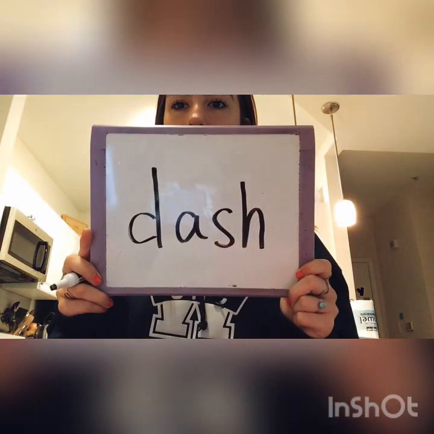The first word that we are going to write is, and I'm going to show you the correct answer in a minute, dash. So tap that word out. Pause me if you need. And your answer should look like this.